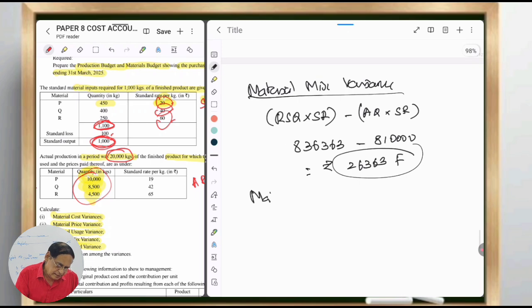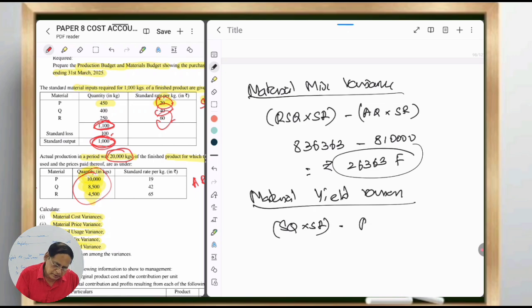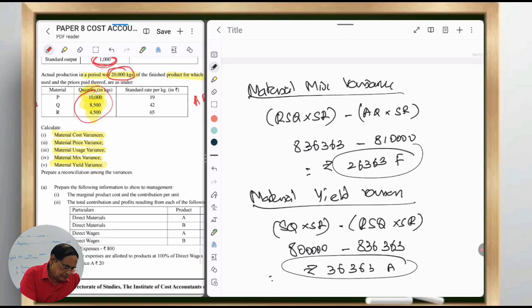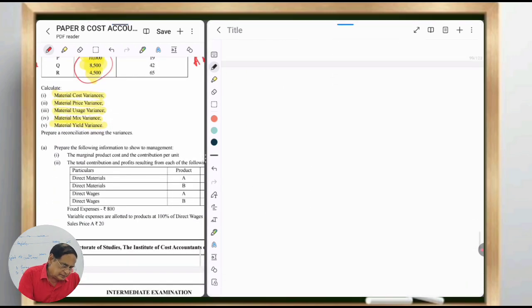Material yield variance means SQ into SR minus RSQ into SR. SQ into SR is 8 lakhs minus RSQ into SR 8,36,363, that is 36,363 adverse. So this question is over.